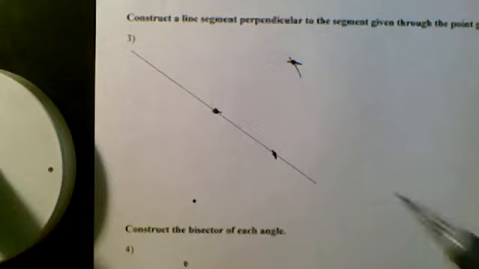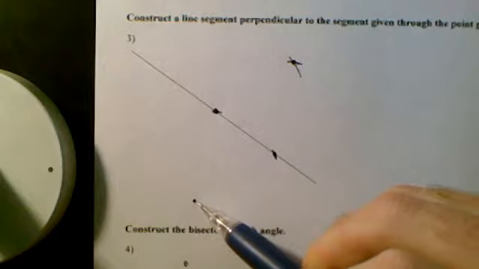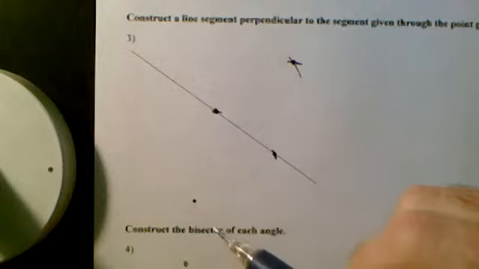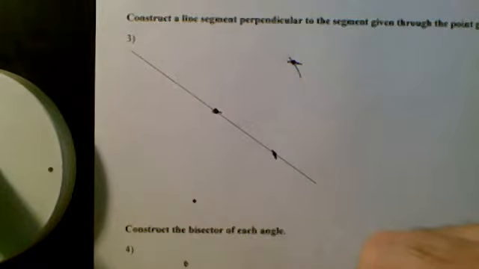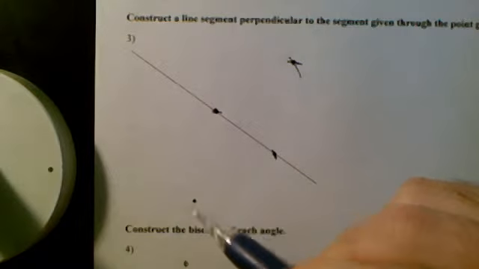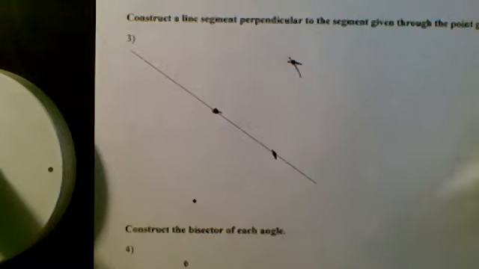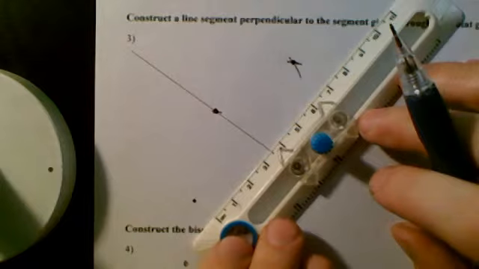Almost done. All you need to do now is take your straight edge and make a segment that runs from this point down to this point, and we just constructed a perpendicular segment through this point. Draw arrows on it, and then you have a perpendicular line.